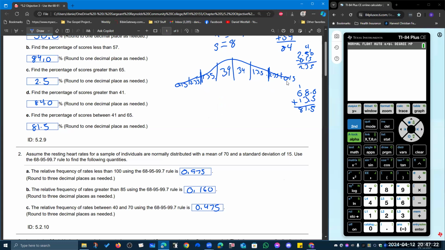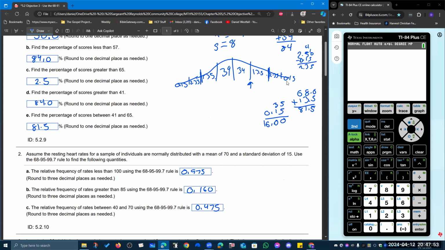Greater than 85 was 13.5, 2.35, 0.15, which adds up to 16.0%. So that's 16% right there.